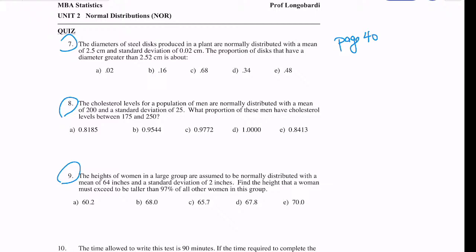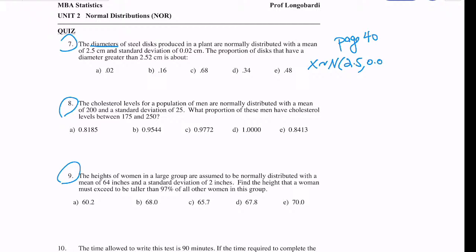The diameter of steel discs produced in a plant are normally distributed with a mean of 2.5 and a standard deviation of 0.02 centimeters. The proportion of discs, so that's the rule, okay? That's what is assumed. This is determined by the data that was collected, that the variable diameter has a normal distribution with a mean of 2.5 and a standard deviation of 0.02.